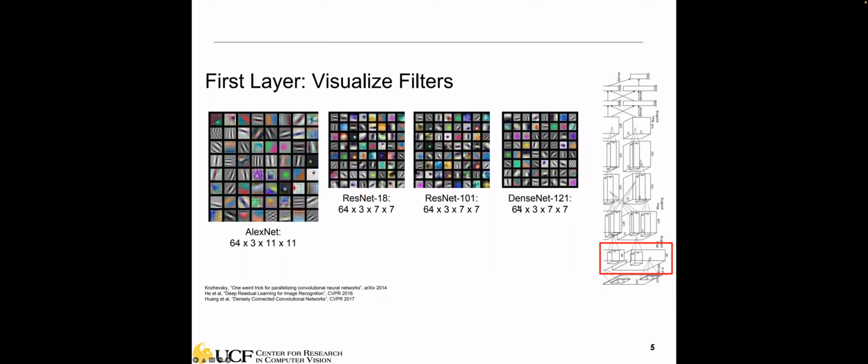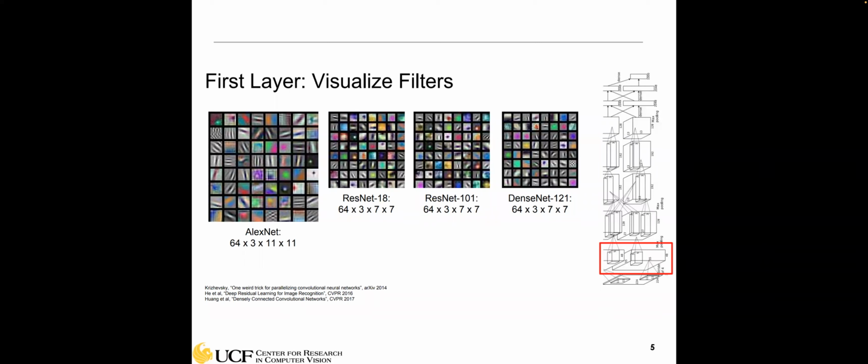So there are a couple of ways we can understand or interpret deep neural networks. The very simple one is the visualization of the filters.